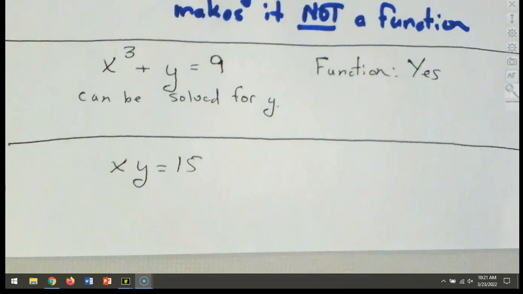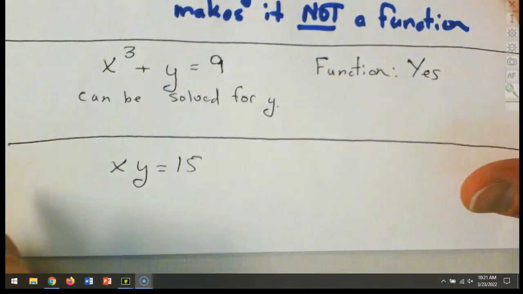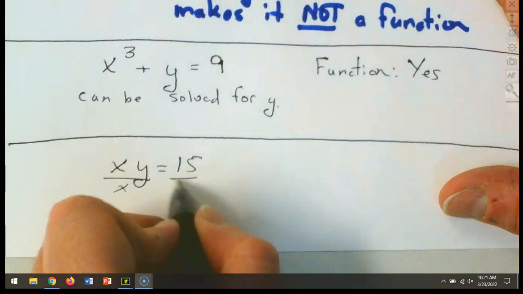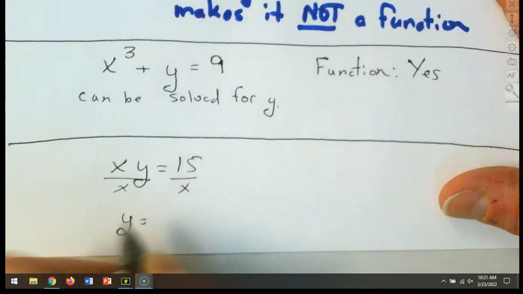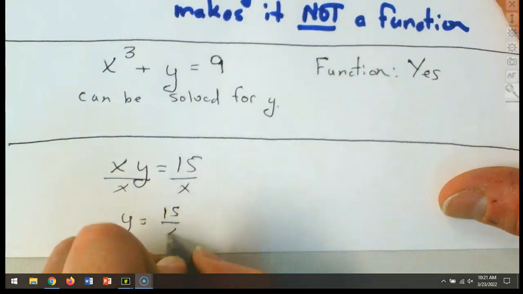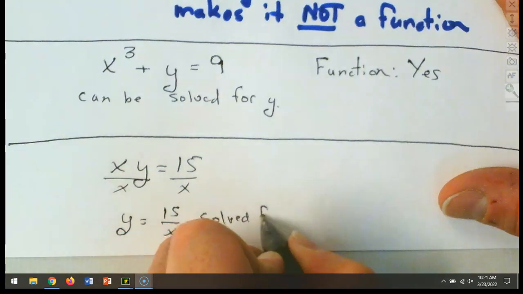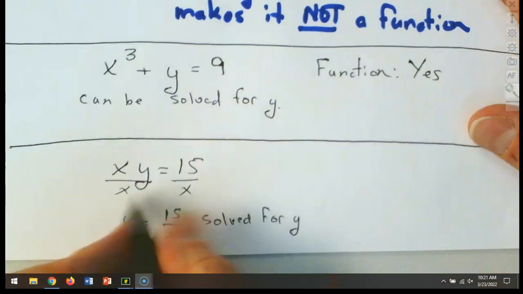I think we can, can't we? Right? Because we could solve it for y by doing what? Divide by what? X. Okay? You could divide it by x, and you could get y equals 15 over x. So we solved it for y. So this one is a function.